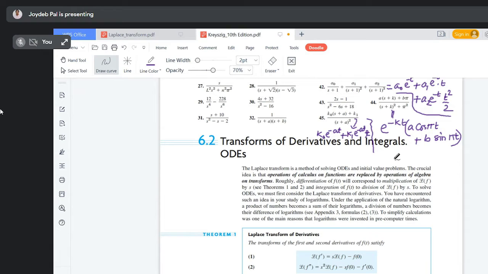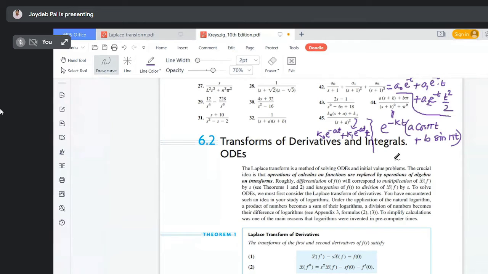तो मेन गोल क्या है? मेन गोल यहाँ का, ये लैप्लास ट्रांसफॉर्म चैप्टर का यही है कि डिफरेंशियल इक्वेशन सॉल्व करना बाय अप्लाइंग लैप्लास ट्रांसफॉर्म। तो फॉर दैट वी नीड एक्चुअली द लैप्लास ट्रांसफॉर्म ऑफ differentiations. Okay, Laplace transform of y dash, Laplace transform of y double dash, that we need.